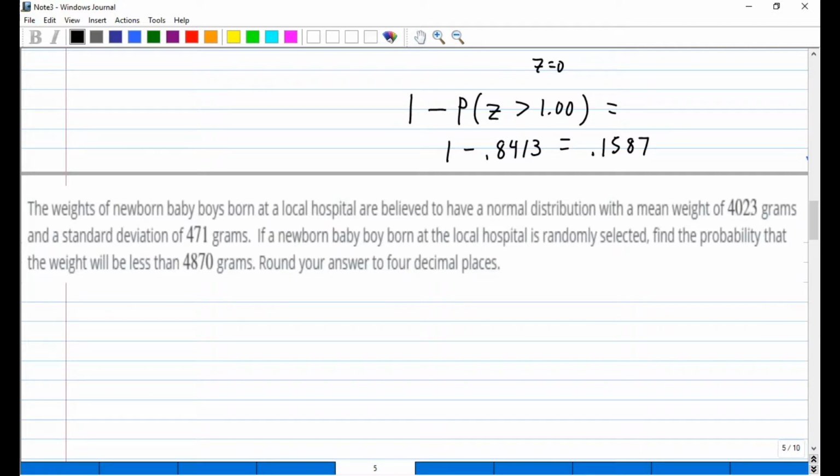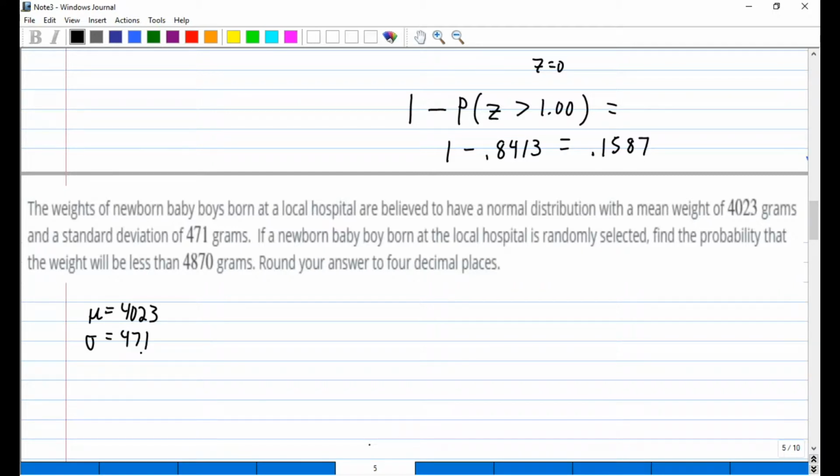It says the weights of newborn baby boys born at a local hospital are believed to have a normal distribution with a mean weight of 4,023 grams and a standard deviation of 471 grams. So that's where I get my mean and my standard deviation.